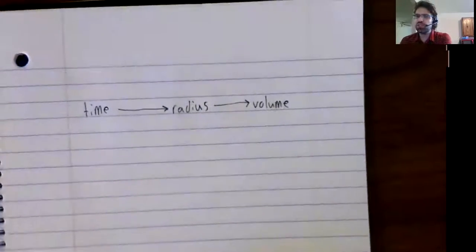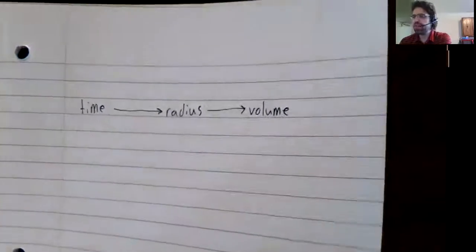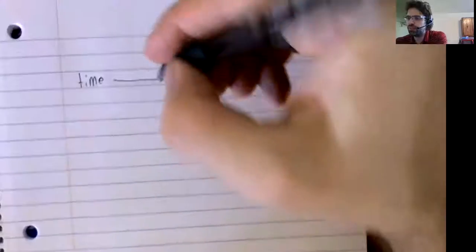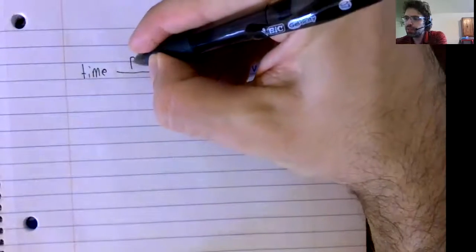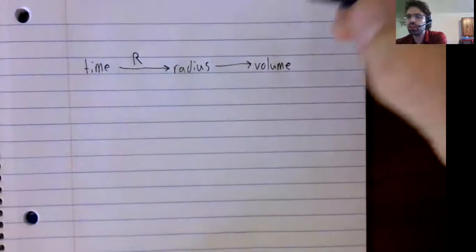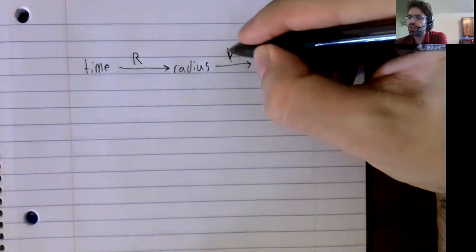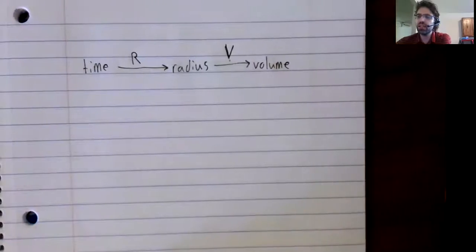And these functions were named, I believe, capital R and capital V. This first function was R. This second function was V.